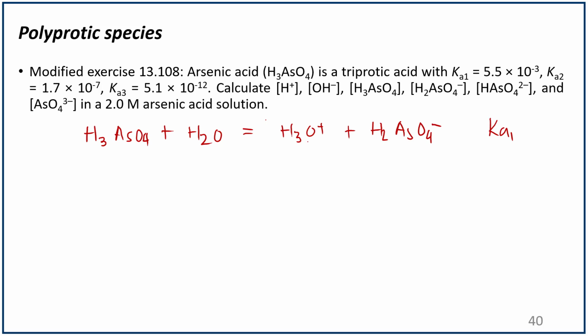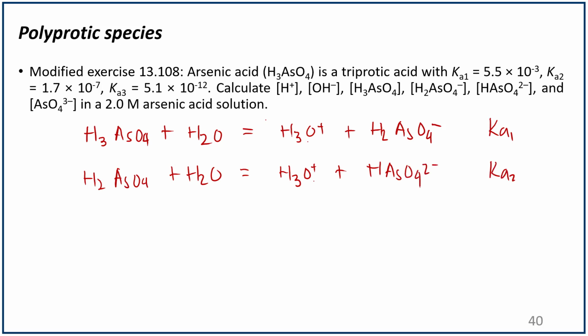Okay, and then the second one should be H2AsO4 minus plus water, which will give you H3O plus, HAsO4 2 minus. That's given with a Ka2. Okay, and then lastly you have HAsO4 2 minus plus H2O is equal to H3O plus, the arsenate ion. Okay, and this is given by a Ka3.